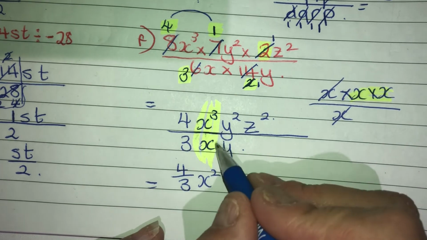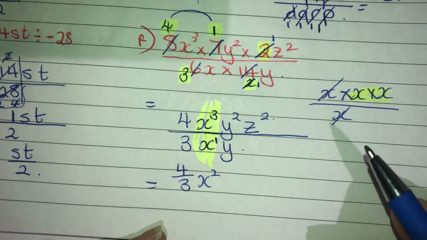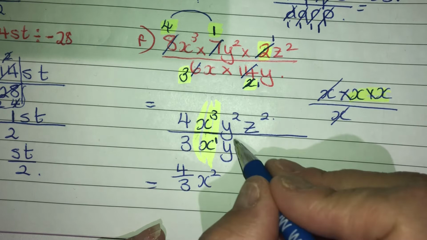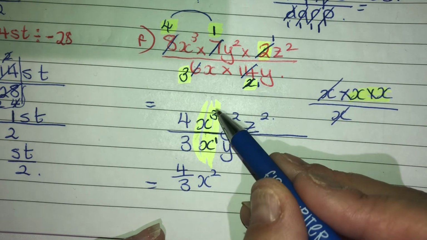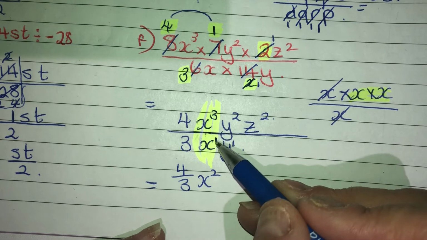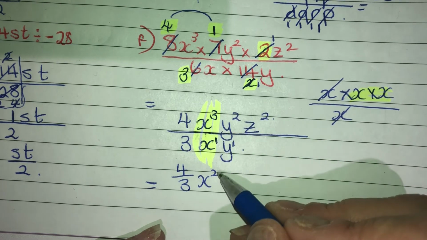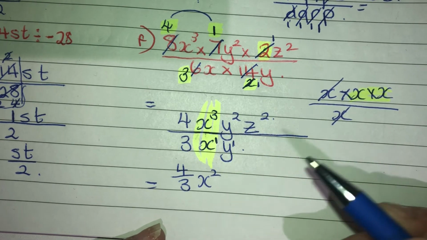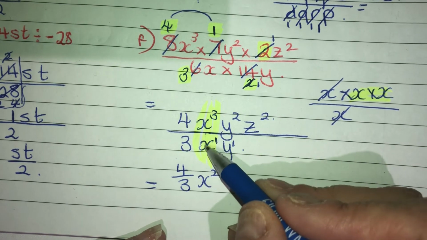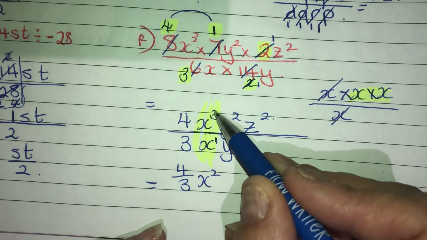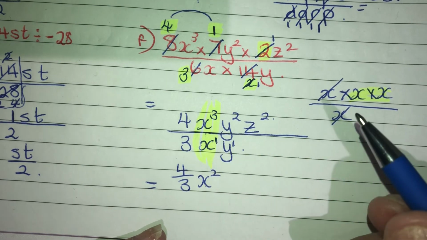Now, remembering that if that's a 1, because it is, if it's just sitting there, it's a 1 like this one as well, then it's going to be x to the power of 3 minus 1 from our index laws, which is 2. So you need to go back to the start of the year and remember, when you divide with indices, you've got x down the bottom and it's 3 minus 1 is a 2.